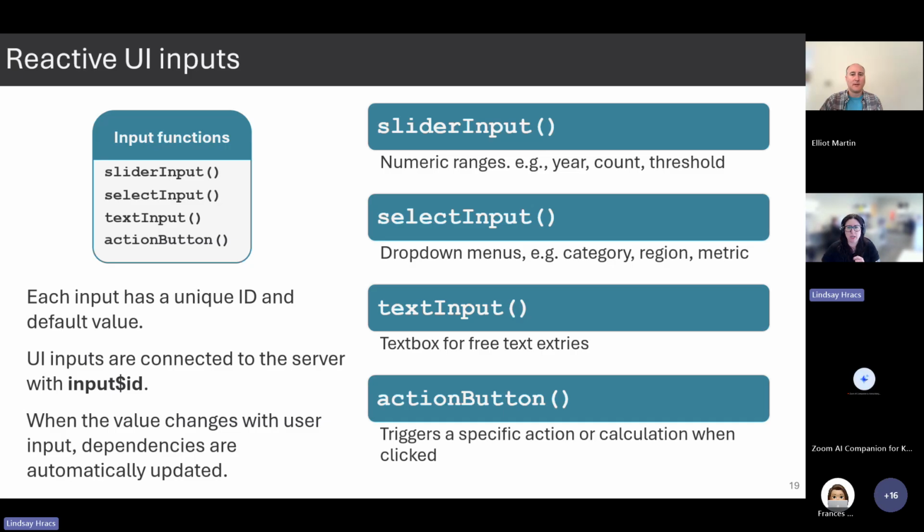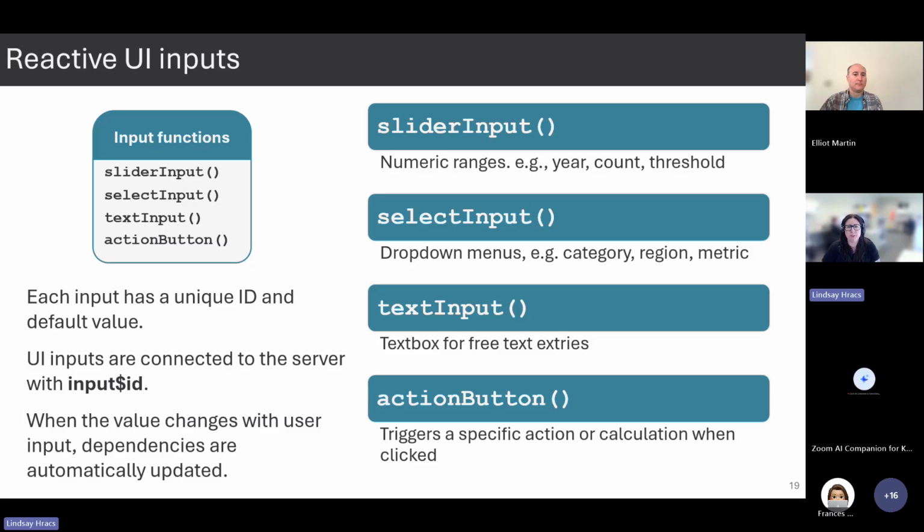Text input is for free text entries, like where I put an author name in to subset our repository, and then action buttons trigger a specific action or calculation. This is like a back button, or where you might click a download button, those sorts of things. Each input has a unique ID and a default value, and we'll look at what this looks like in a second.